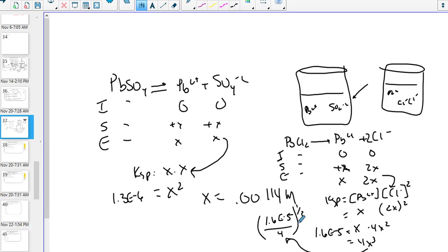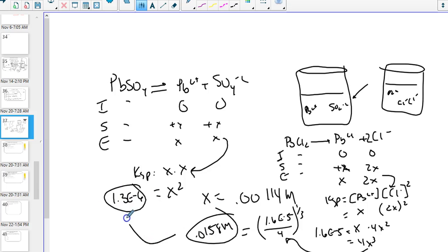You could do 0.333 if you wanted to. And I got 0.0158 moles per liter. So who's more soluble? Looks like this one's much larger.